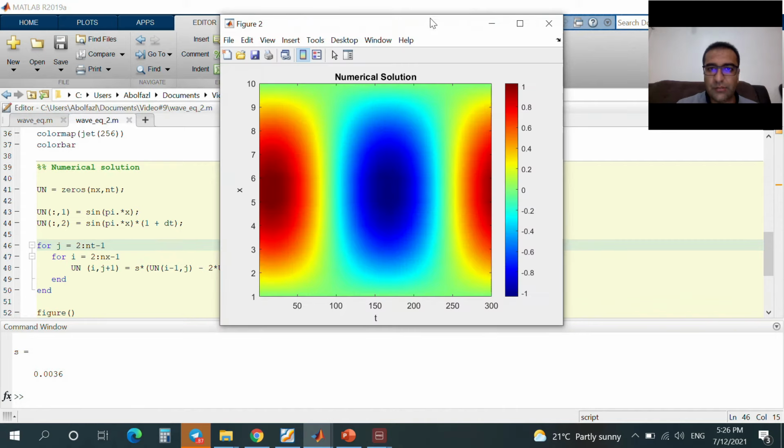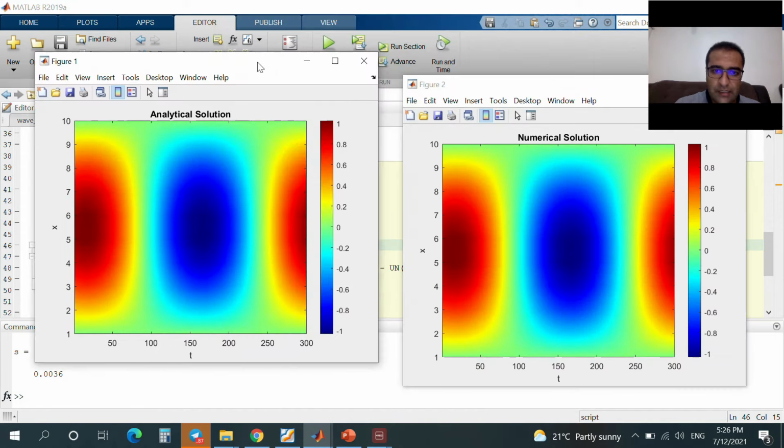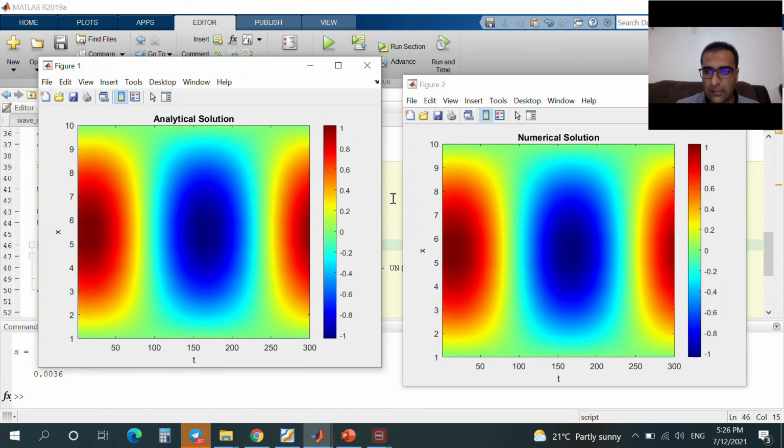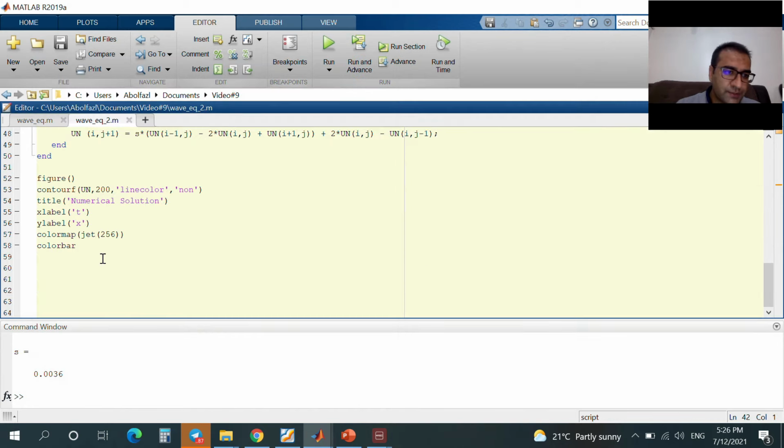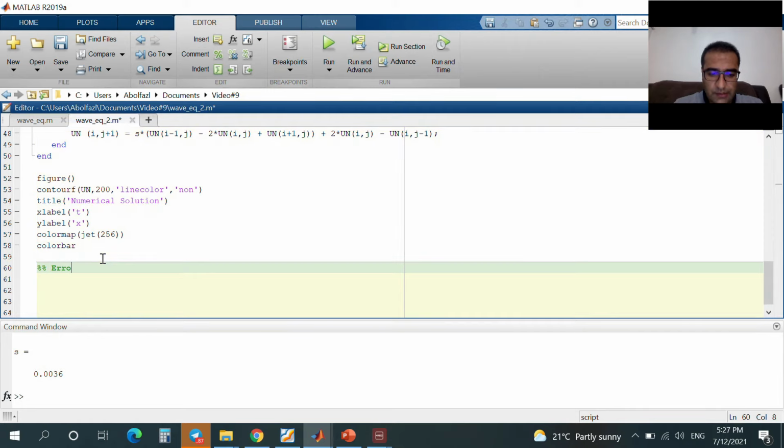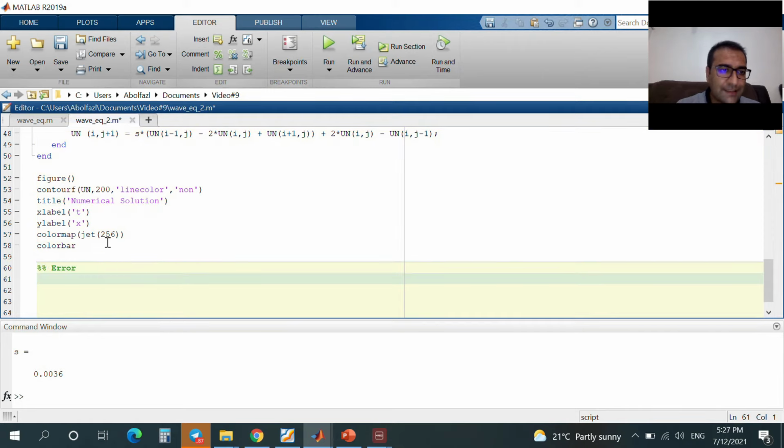As you see, this is the numerical solution, and this is the analytical solution. And let's calculate the error. Here, error, okay, I defined it with E, and let's look at the absolute value of the error: U analytical minus U numerical.